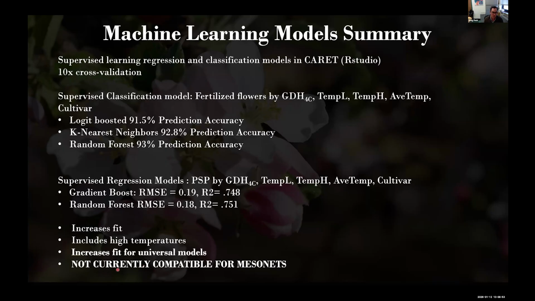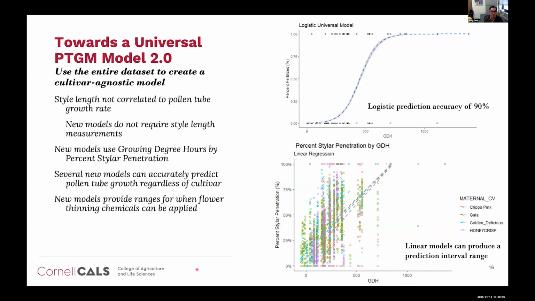The problem, from a practical standpoint, while we liked it mathematically, is that it's really hard to program a machine learning model into the Mesonets. So it's something we're still thinking about and working on, but for now we just haven't made that jump in terms of the computational aspect.